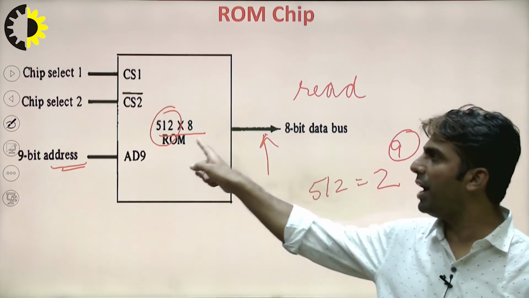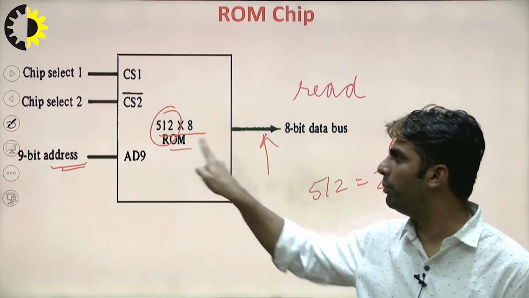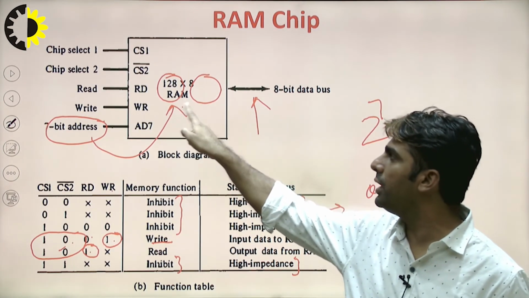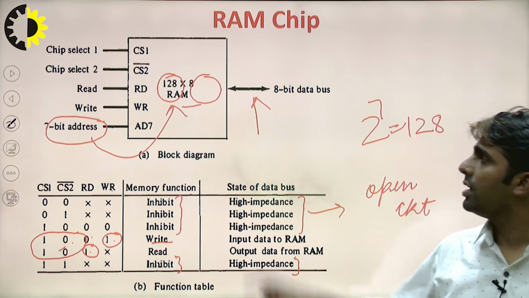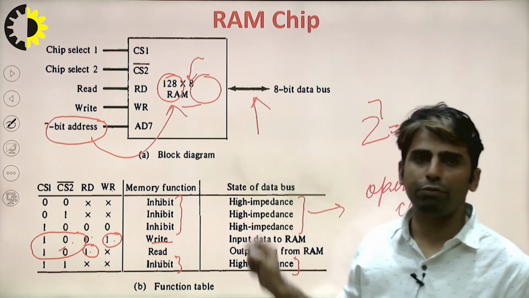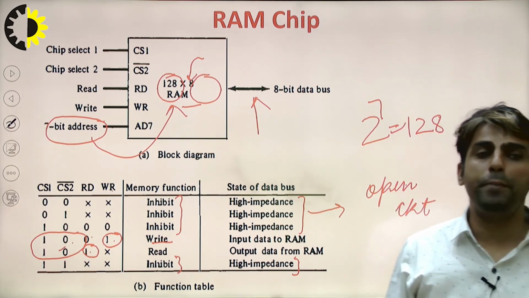See, this is 512 in case of ROM and from here it is 128. This 8 represents the size of one word, that is 8 bits.